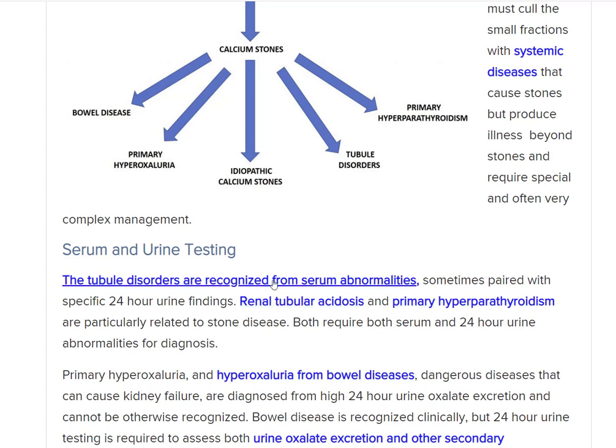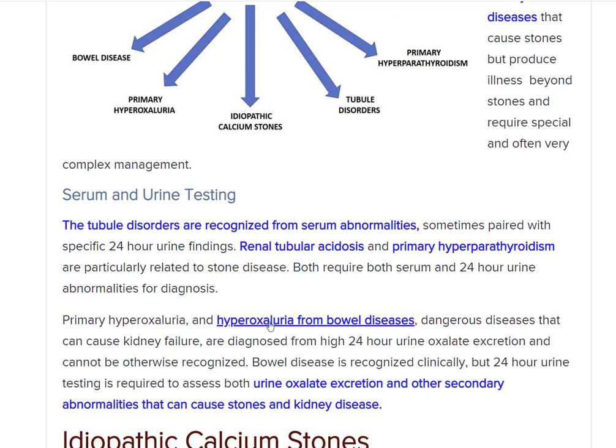If there's any suspicion of them, read up and be sure you're getting the care you need. The hyperoxaluria from bowel disease is also on the site. And I've got a lot here for oxalate excretion. In other words, you can be very, very well educated about the underlying problems. All of the information comes from the 24-hour urine and serum taken together.